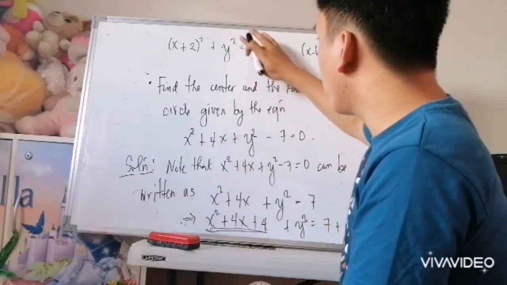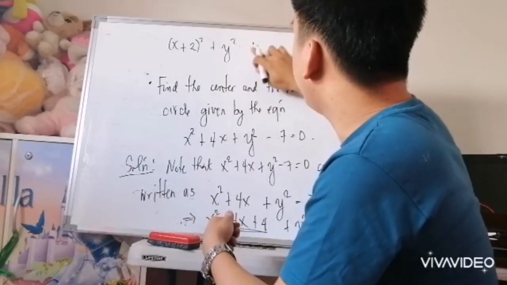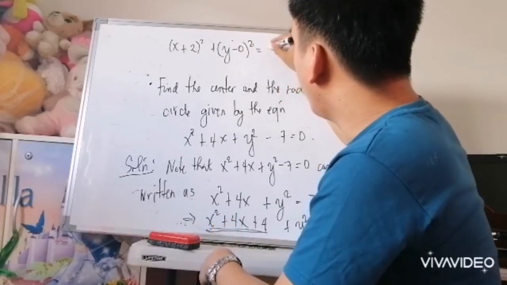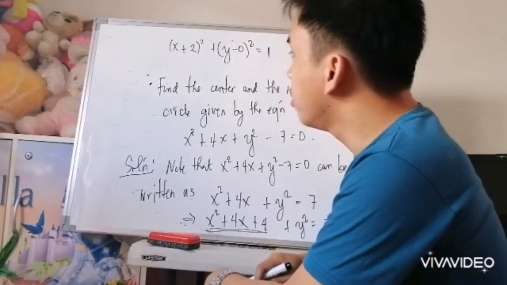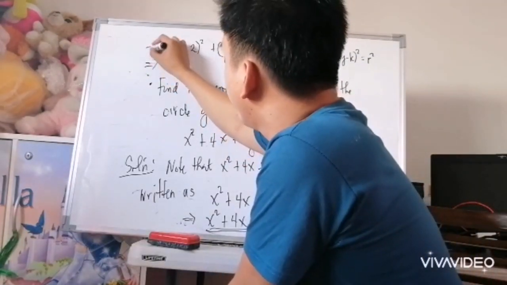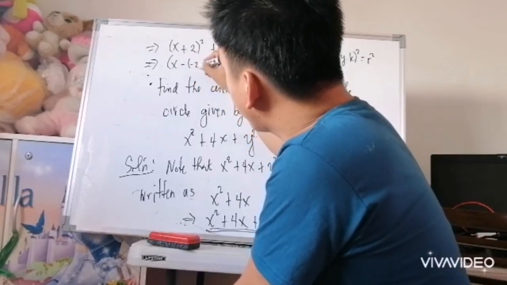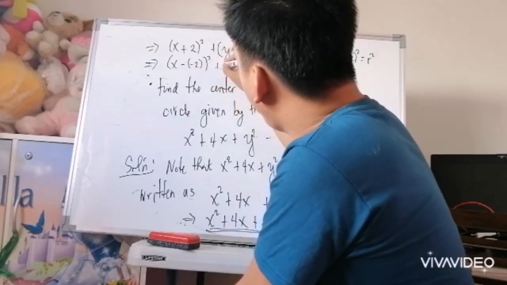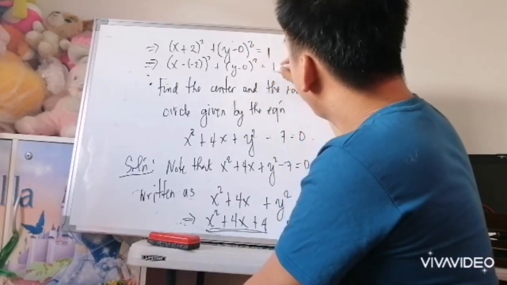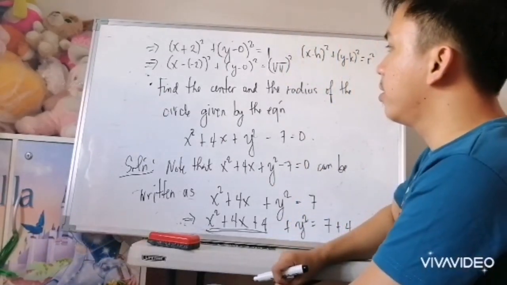So remember that y squared here can be written also as (y minus 0) squared equals 11. So I shall have (x minus negative 2) squared plus (y minus 0) squared equals (square root of 11) squared.